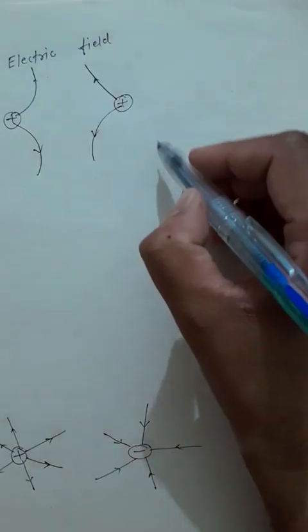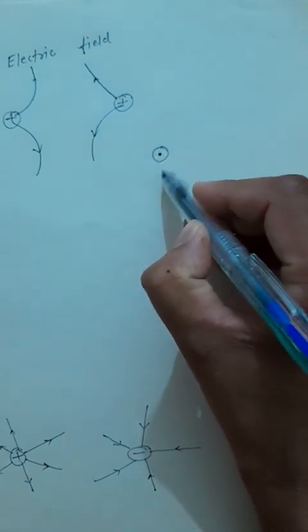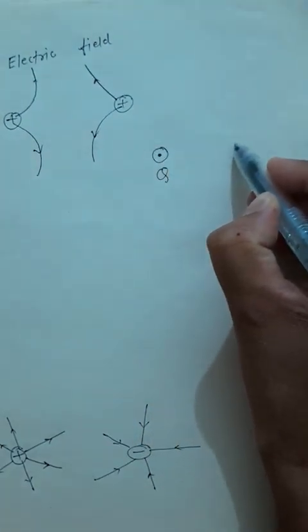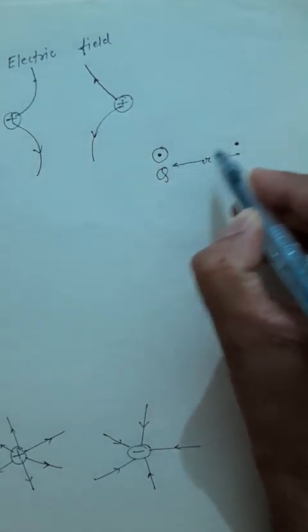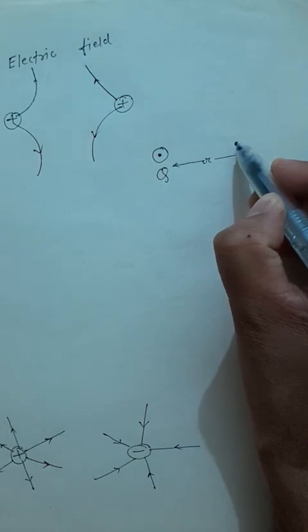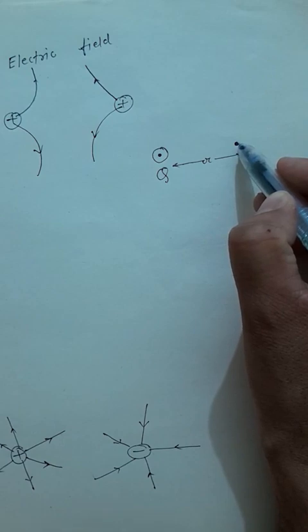We know that when there is a source charge, suppose this is a source charge capital Q, at a distance r, I want to find out the electric field intensity, or the strength of the electric field; here all are the same terms.